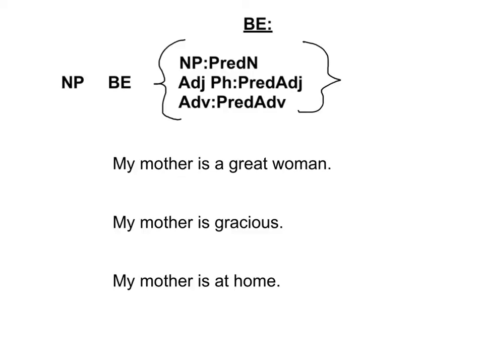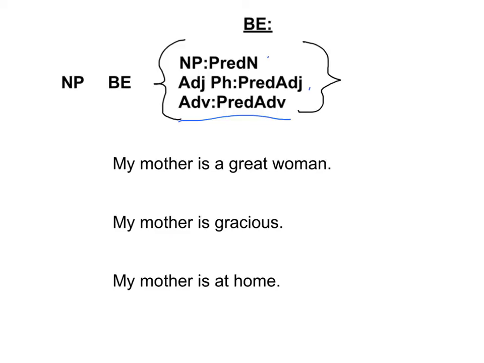All right, and finally, we have the verb to be. Now, the verb to be is like a linking verb, but here you can actually have a predicate noun, a predicate adjective, what we've seen before, or you can have a predicate adverb.